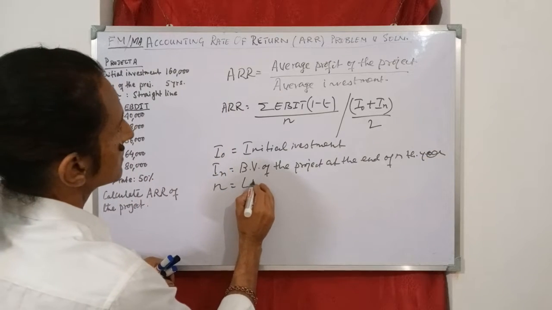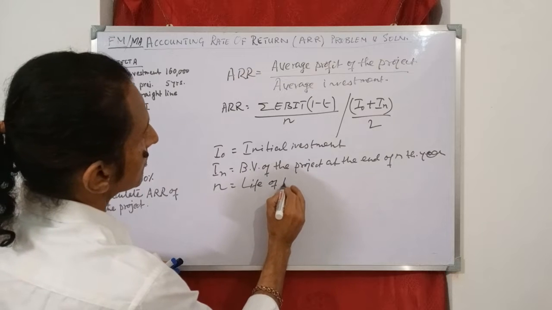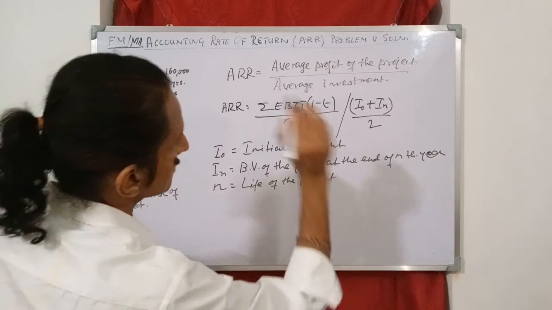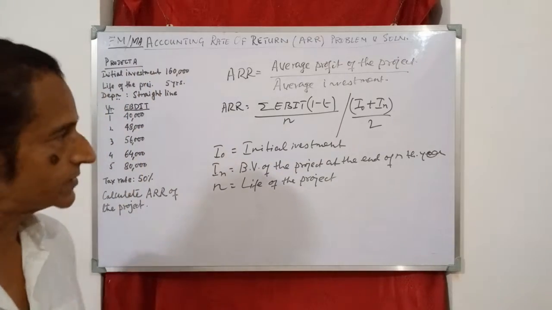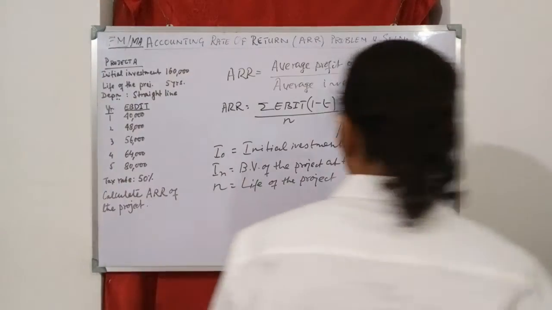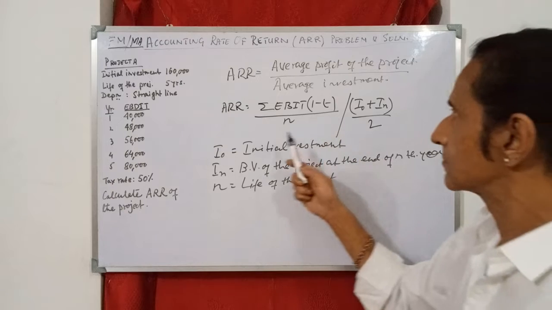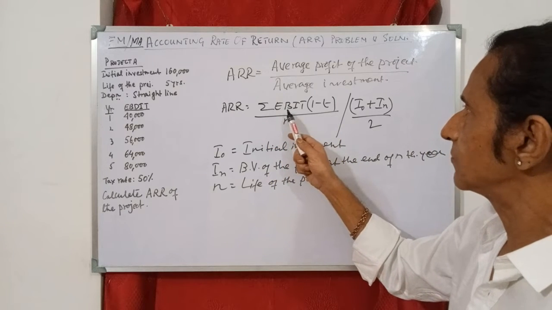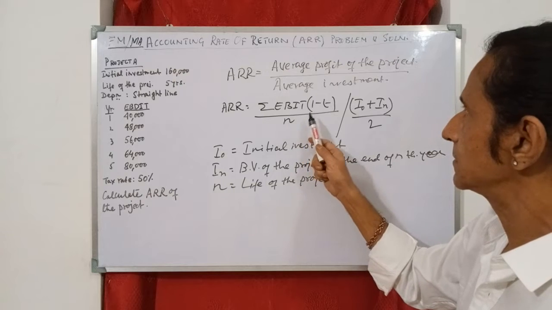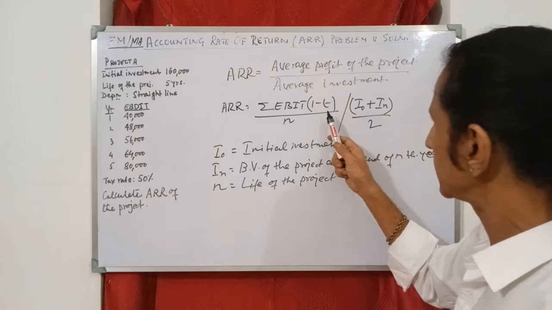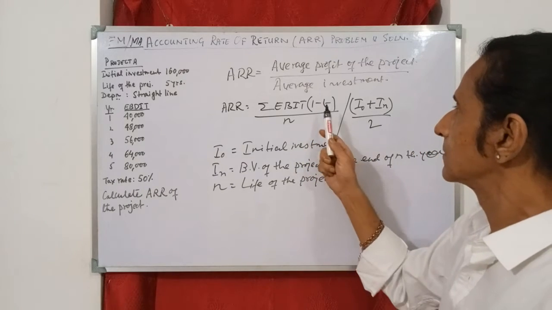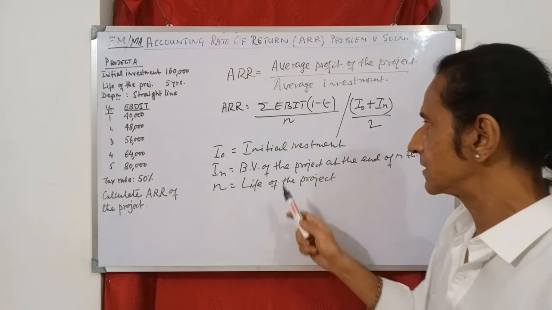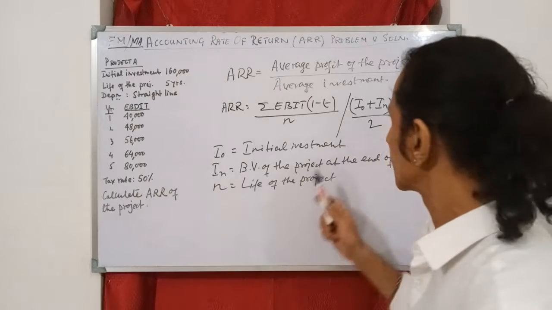N is the life of the project, right? So this is the formula of ARR, that is sigma EBIT, earnings before interest and tax, multiplied by 1 minus tax rate, divided by number of years. N is the number of years, that is life of the project.